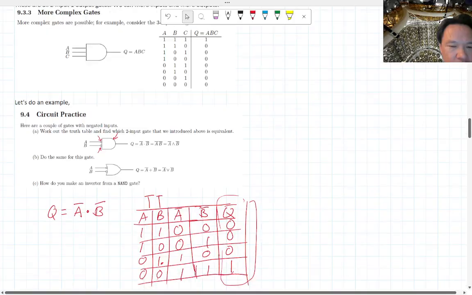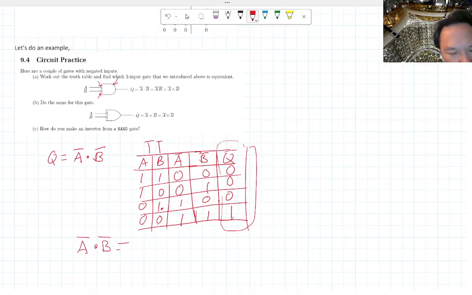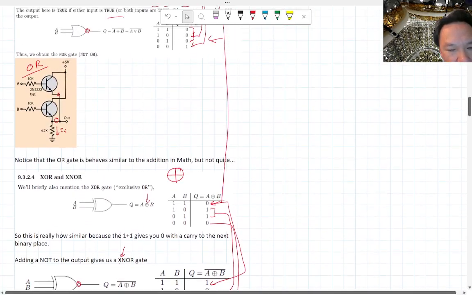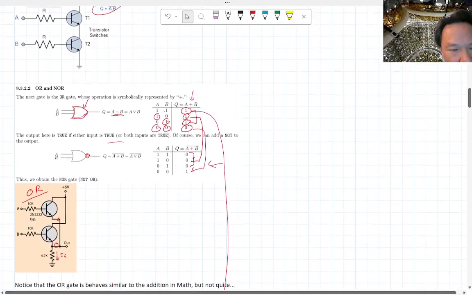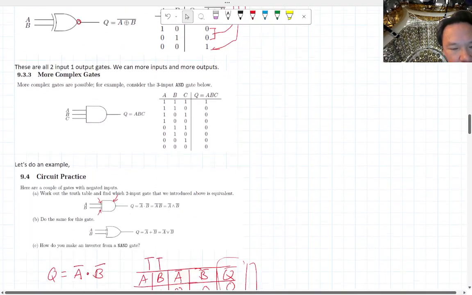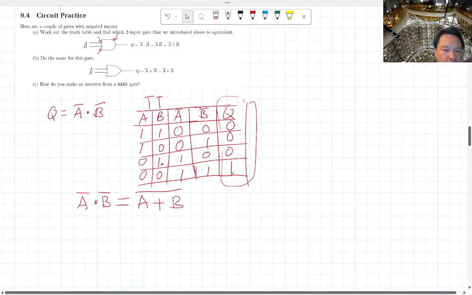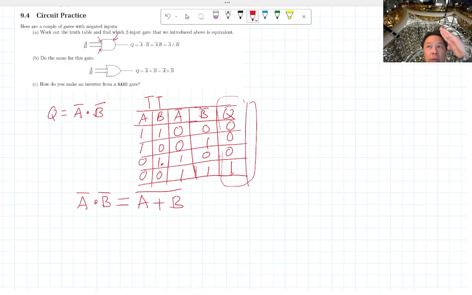Okay. So basically, if I have A bar dot B bar, that's what this symbol represents, and it's the same thing as the NOR symbol. The NOR symbol is A plus B, and then the whole thing opposite. And this is sort of neat: initially I have two inputs with NOTs on them, and an AND.